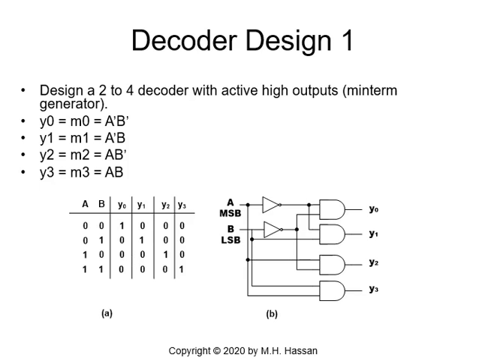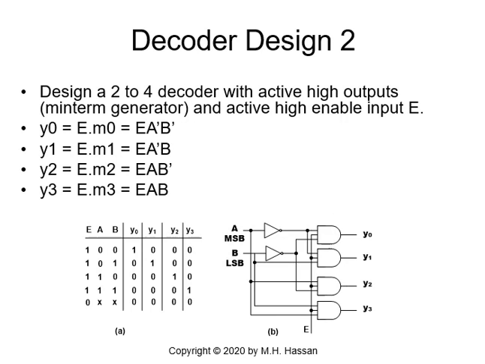Now the second one, I'd like to modify this by adding an enable signal. I'd like to design a 2 to 4 decoder with active high outputs, meaning a min-term generator, and an active high enable input. The enable signal must be 1 for the decoder to function, to have a valid output. If the enable is 0, regardless of the inputs A and B, all the outputs will be inactive zeros.